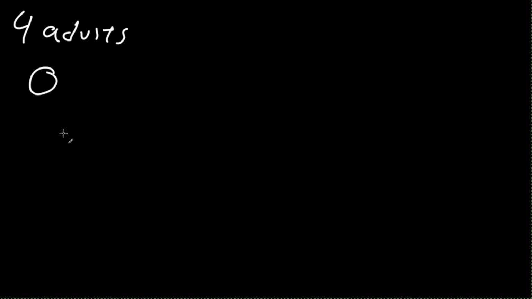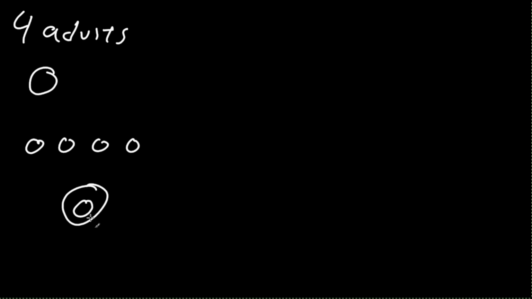The third rule is that if there are 4 adults, and I choose none of them. This sounds silly, but, well, if you can't choose any of them, there's only one option, right? Not choosing anything.